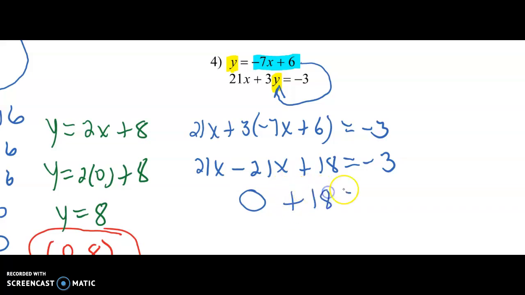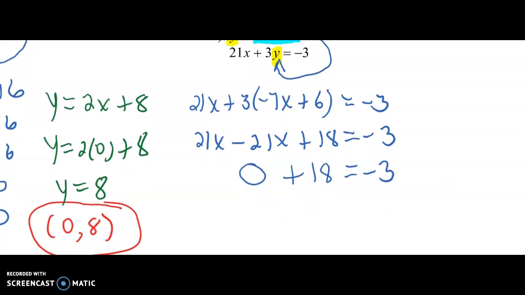And you notice that we are left with no more variables to solve for. The y's are gone, the x's are gone, and all we're left with is this statement. It says 18 equals negative 3. Now we know that 18 doesn't equal negative 3. So that's going to make us think about how this problem is going to end.